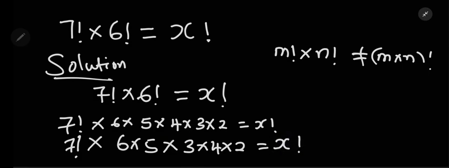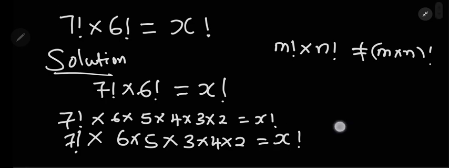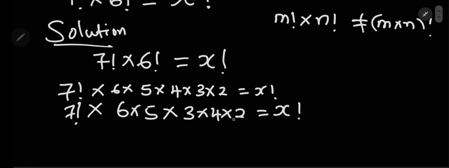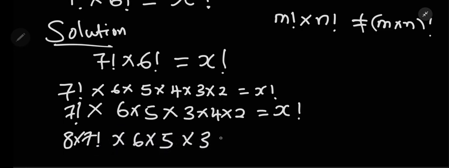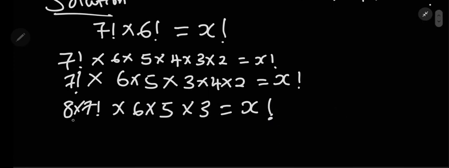What I just did there, I rearranged this so that 4 and 2 will be together, and 4 times 2 will give us 8. I will write that as 8 times 7 factorial times 6 times 5 times 3 is equal to x factorial. Now, of course, 8 times 7 factorial is the same thing as what?